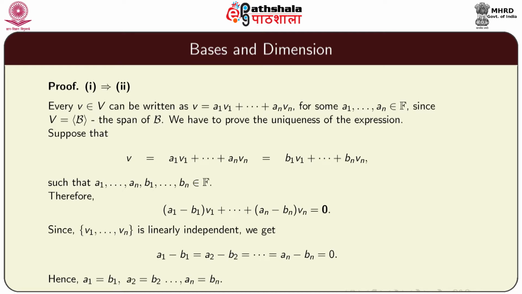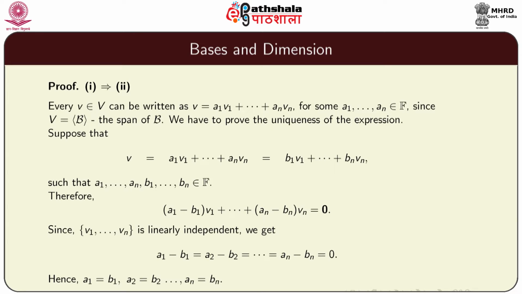Every v in the vector space V can be written as v equals a1 v1 and so on up to an vn for some a1, a2, ..., an in F, and v1, v2, ..., vn are of course in B, and that is true because V is the span of B. We now have to show that this expression is unique.